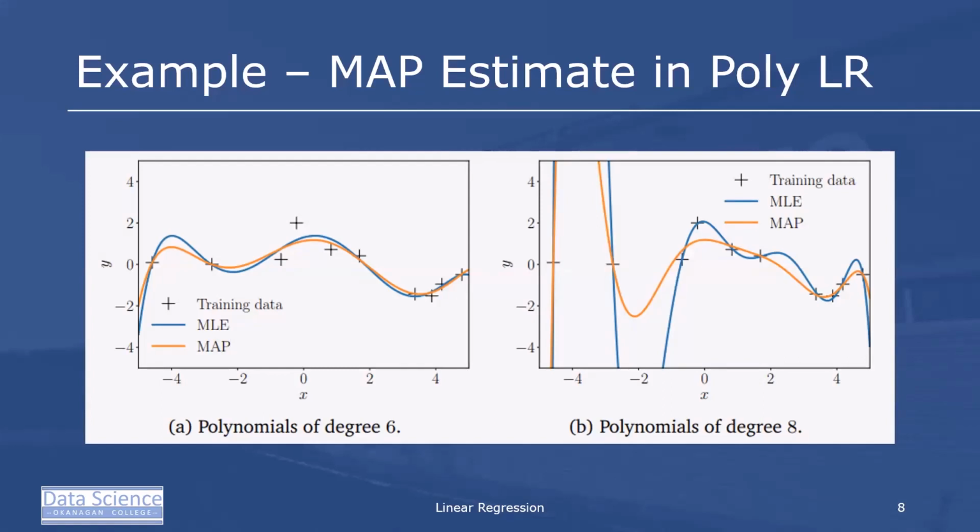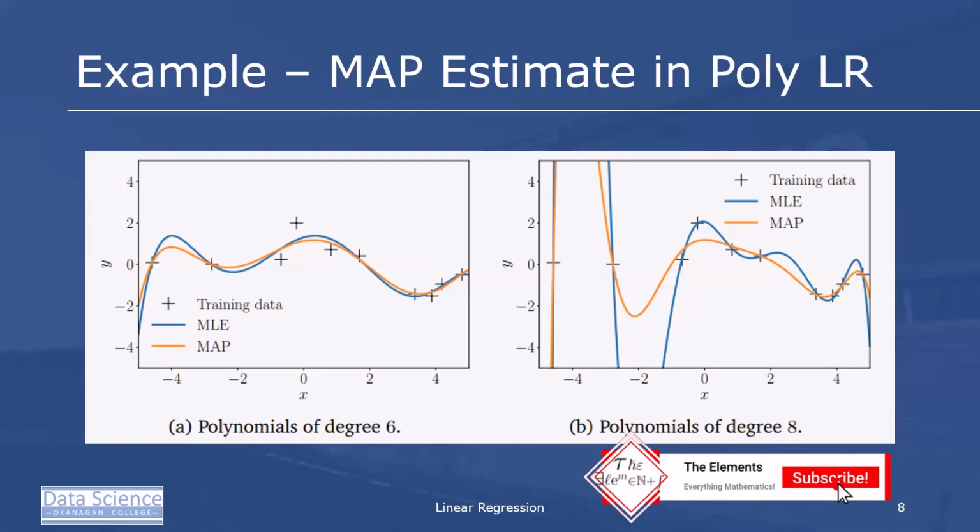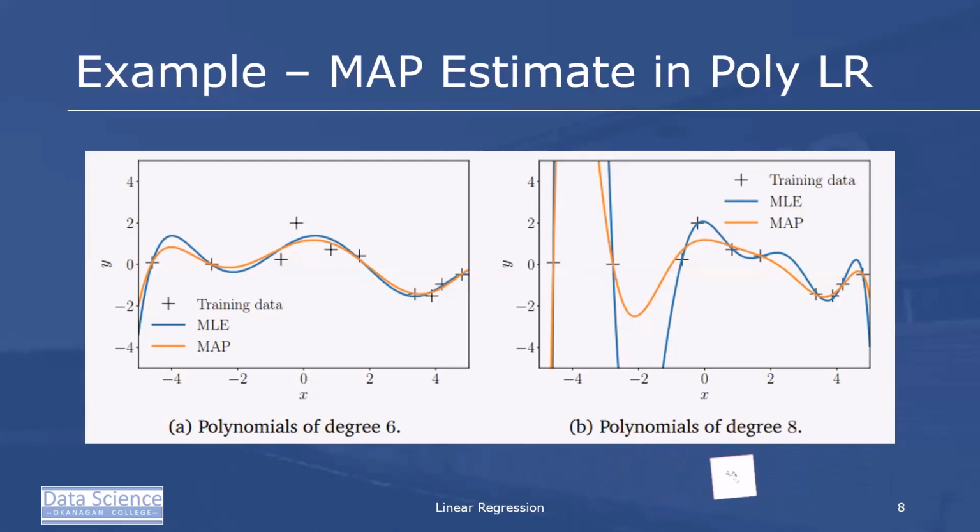The prior, or regularizer, does not play a significant role in the low-degree polynomial on the left. But for the higher degree polynomial on the right, it keeps the function relatively smooth. Although the MAP estimate can push the boundaries of overfitting, it's not a general solution to the problem. So we need a more principled approach to tackle overfitting. In the next video, we'll learn a little bit more about regularization and the regularizer.